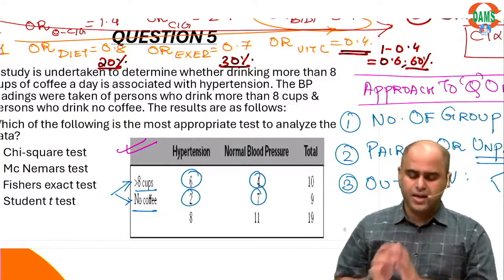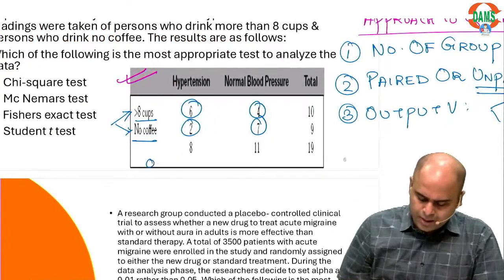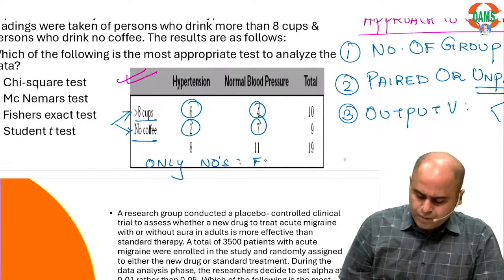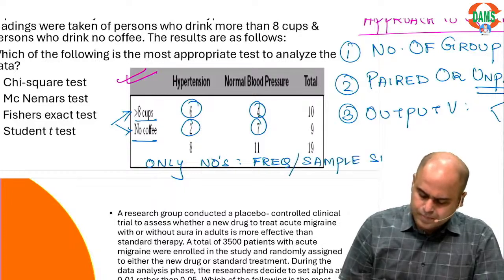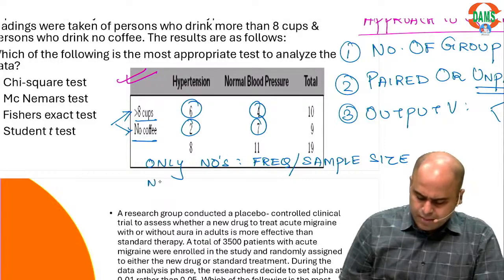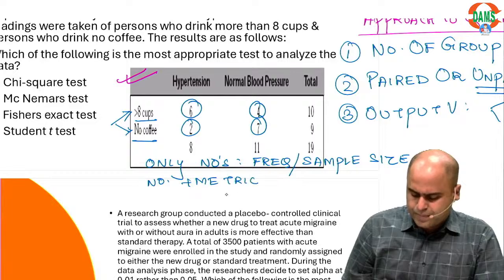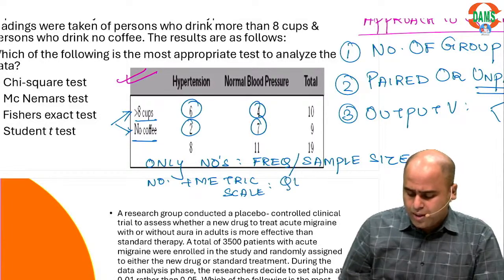Please remember guys, only numbers refer to frequency or sample size, whereas number plus metric scale will make it a quanti variable.